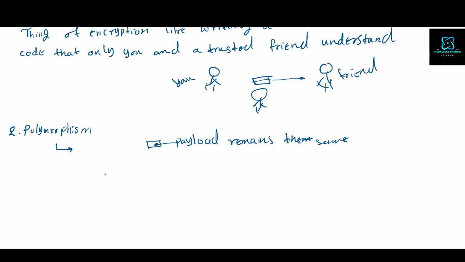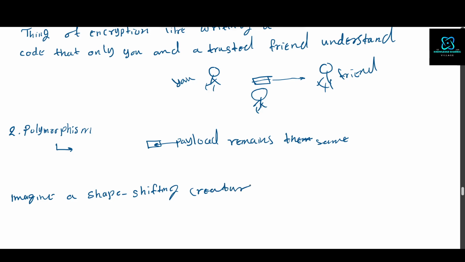The analogy that can be used here: imagine shape-shifting creatures that can alter their appearance every time they are spotted.